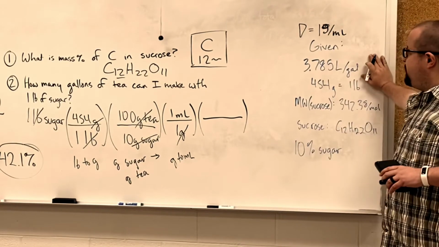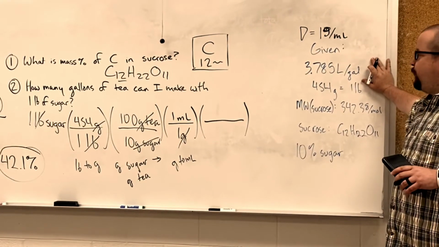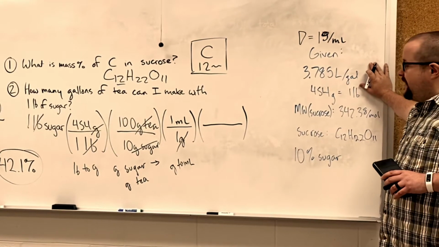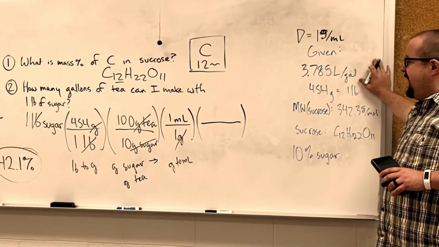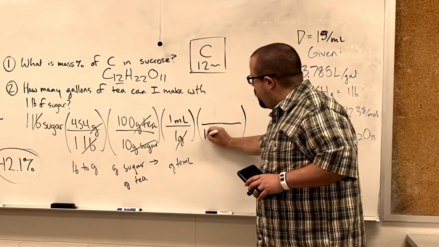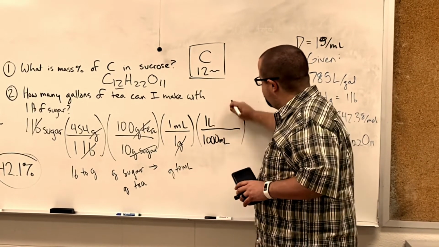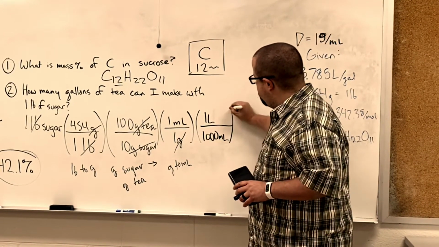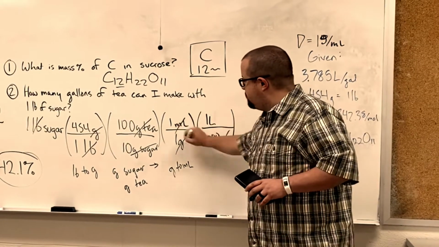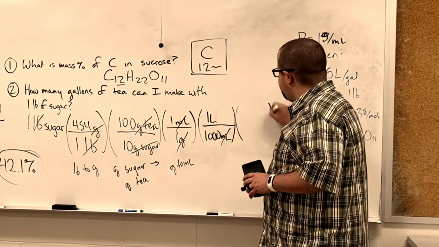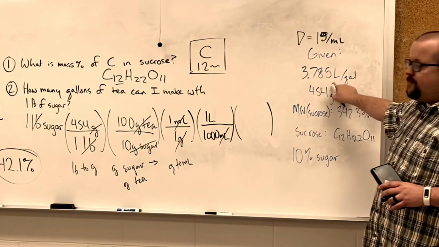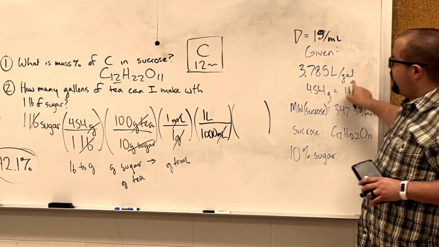Let's look at what we have up here. To get to gallons, I need to go to liters. So if I can know liters of tea, then I can finally get to gallons of tea. For every 1,000 milliliters, there's 1 liter. Mils cancel. And now for my very last piece here, there are 3.785 liters per gallon.